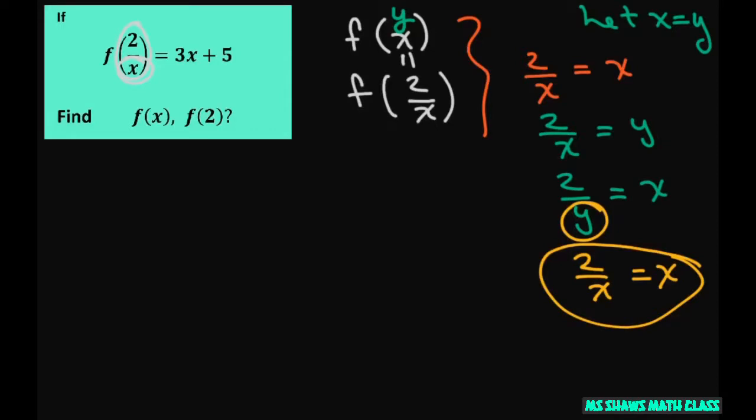But let me show you what's really going on. If I plug into this equation f of 2, now I'm going to substitute, everywhere there's an x, 2 divided by x. So this x here and this x here get 2 divided by x.